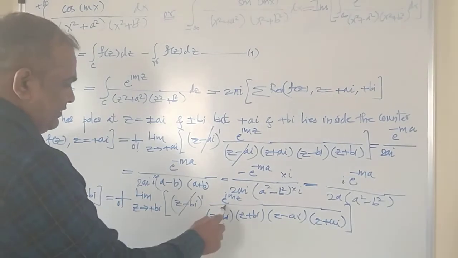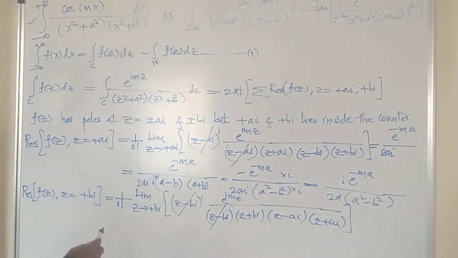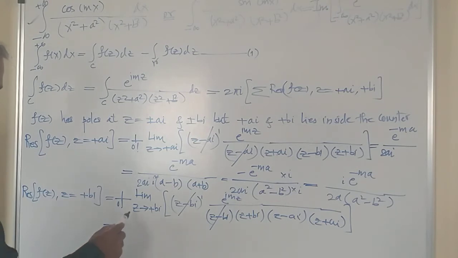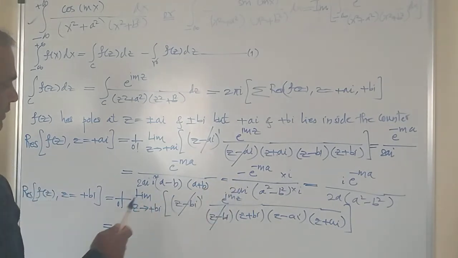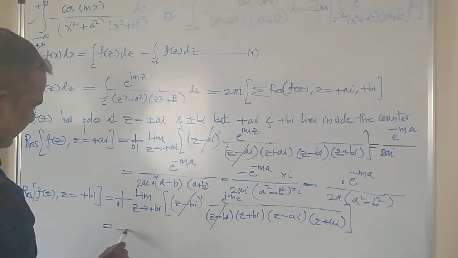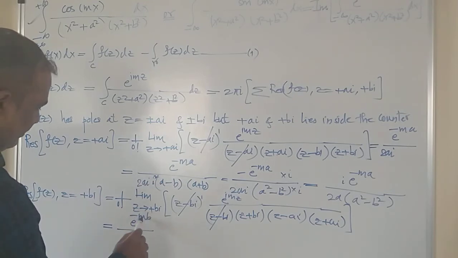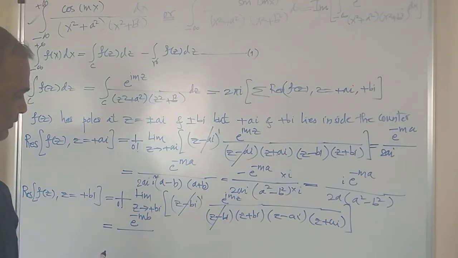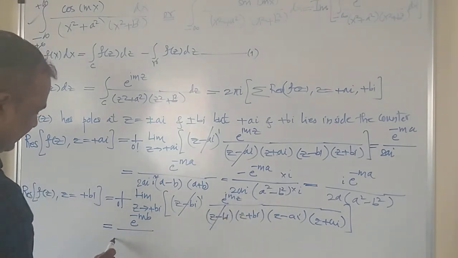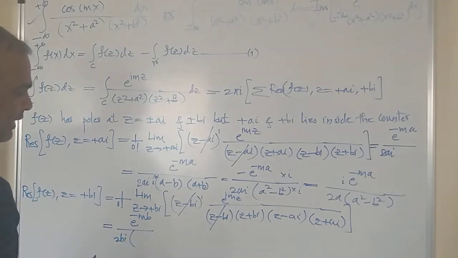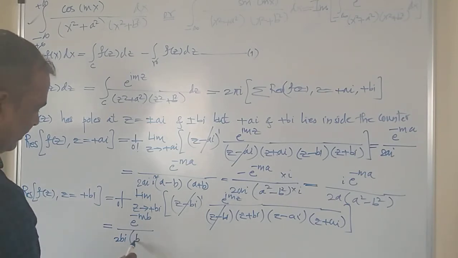Now this (z minus bi) cancels, and you put the limit directly, and I will write e raised to i m into bi, so e raised to minus πm b, divided by bi plus bi, that is 2bi, into bracket you will get (bi minus ai). In (bi minus ai), I can take out i common and you will be left with (b minus a), right?